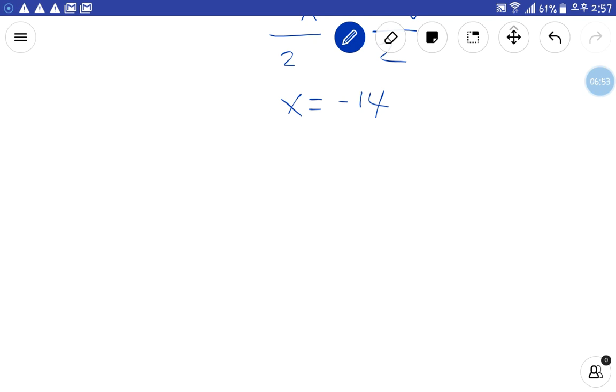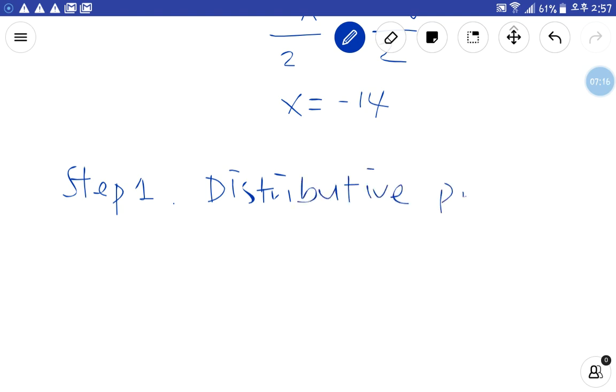So, steps for solving a multi-step equation. So what are the steps? Step 1, apply the distributive property if necessary. Step 2, you need to combine like terms.